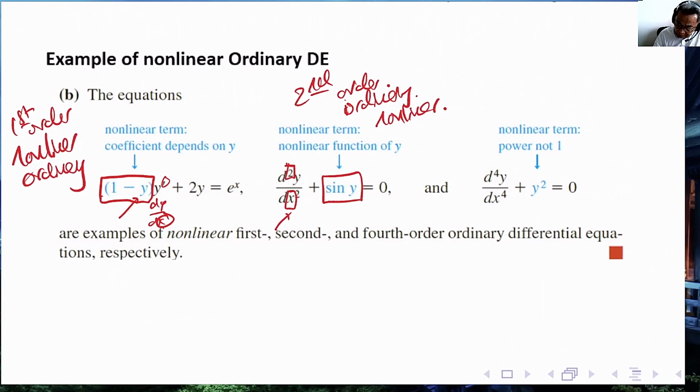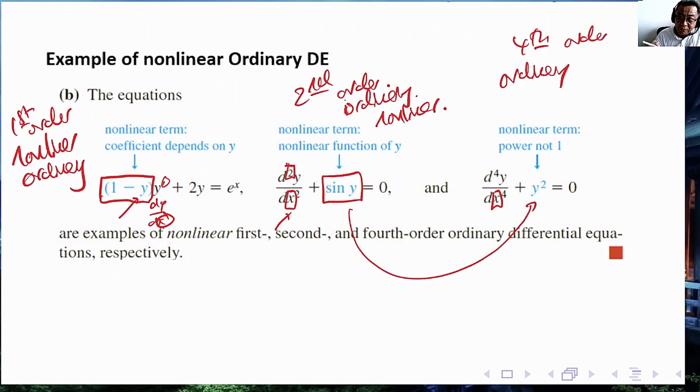And lastly, here we again have ordinary, fourth order, and like our previous case, we have y, but it's not first order, it's second order. So y squared, so this makes it nonlinear.